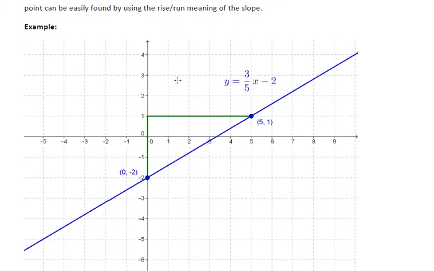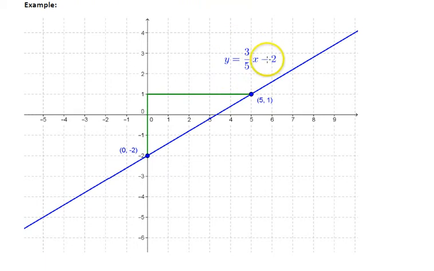Look at this example here. Y equals 3/5 x minus 2. The slope is 3/5, that's the blue line here, and the y-intercept is -2. If we look at -2 on the y-axis, there's a point on the line. To get to a second point, we use the rise over run of the slope. We'll go up 3 and run or go over 5, and we get another point, 5, 1.